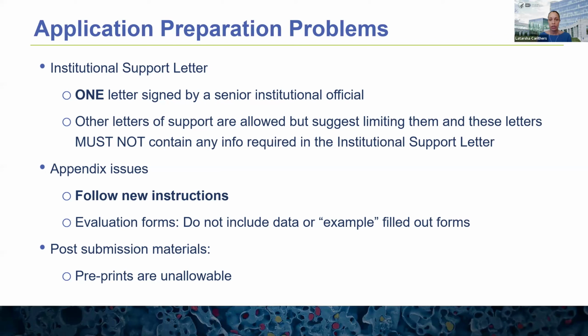So if you include additional letters that have information that should have been placed in that 1 institutional support letter, that could be considered overstuffing and again cause for withdrawal. In terms of the appendix, just a reminder, follow the new instructions. The evaluation forms, if you're going to include them, please don't include actual data or filled out forms. And then the post-submission materials, preprints are not allowed. Next slide, please.